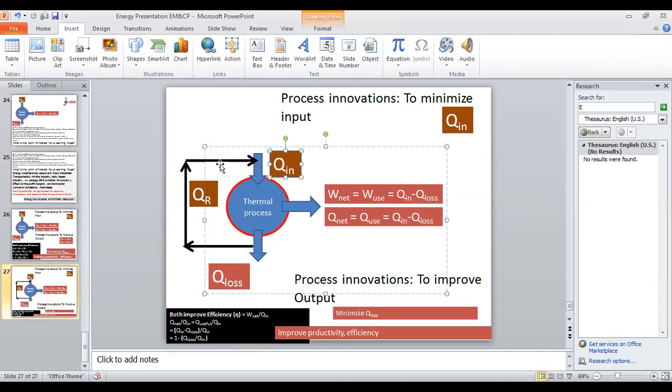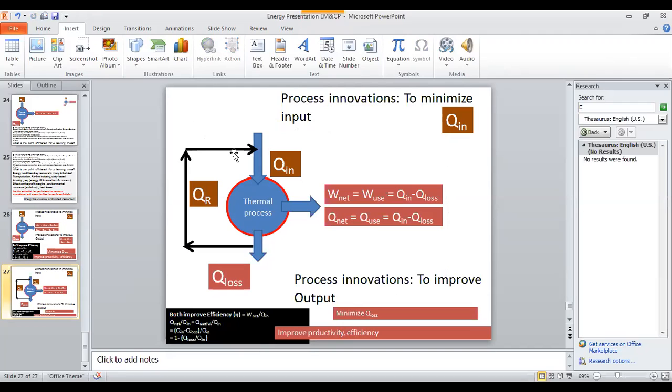But when you recover and recycle, it's the same thermal process.